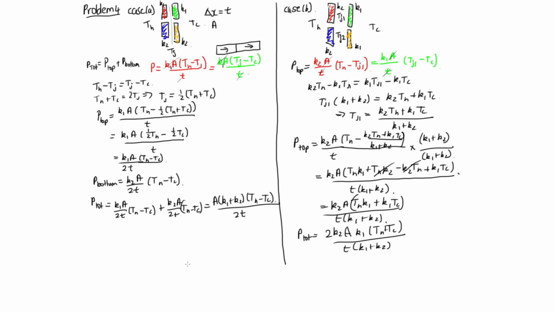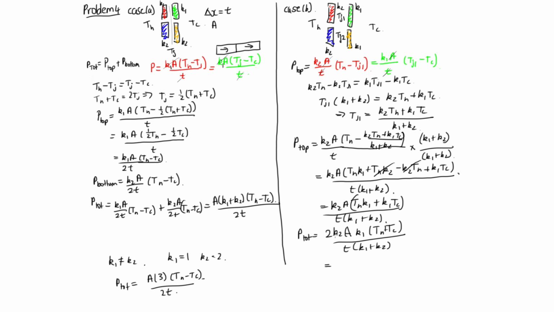Okay, so now the point of the question was, which one's greater if K1 is not equal to K2? So probably the easiest way to solve this is just to substitute in numbers and see which one's bigger. Is this bigger or is this bigger? So if we let K1 equal 1 and K2 equal 2, in this case for A, P total is equal to A times K1 plus K2, so that's 1 plus 2, that's 3, times TH minus TC over 2T.